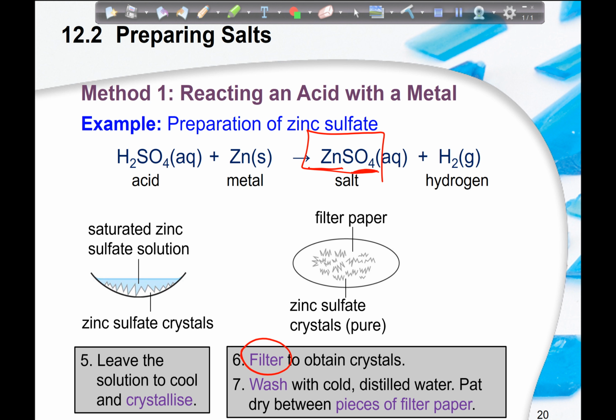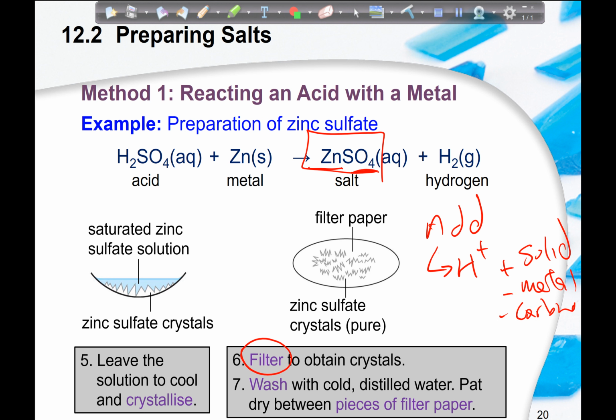If the salt is soluble, we will make use of the addition method, which is the addition of an acid with an insoluble solid. The solid can be in the form of metal, carbonate, or your bases. If you can choose, choose your carbonate. That's it.